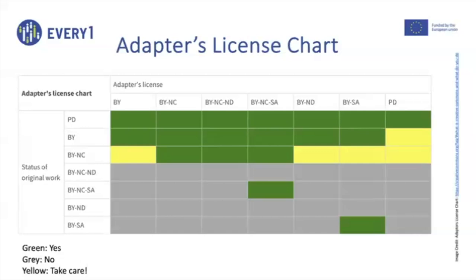We can see the green here, the green light with thumbs up, so it's possible to license them under a number of those. In fact, all of the six Creative Commons licenses, but we need to take care, for example, if we thought about maybe releasing that into the public domain, by using the CC0 tool to mark that new creation.